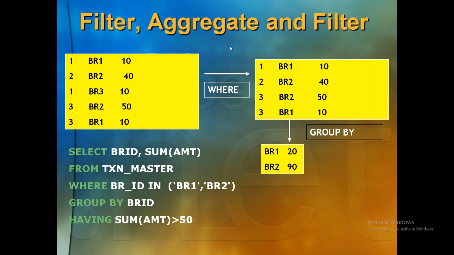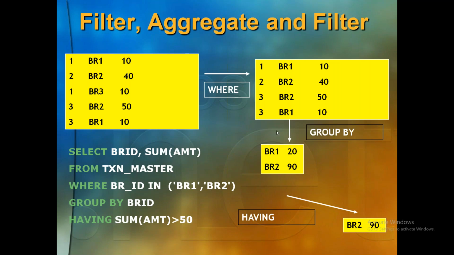The second one is happened, but I don't need this data. I'm saying having sum of amount greater than 50, having clause is applied. After aggregation, I'm saying if the sum of amount is greater than 50, show me. So final result is branch BR2. This is one filter and this is one filter. In between you have group by and aggregation.